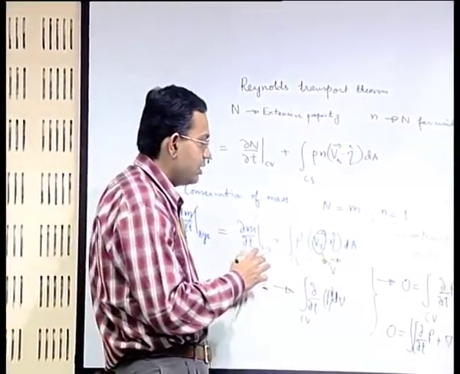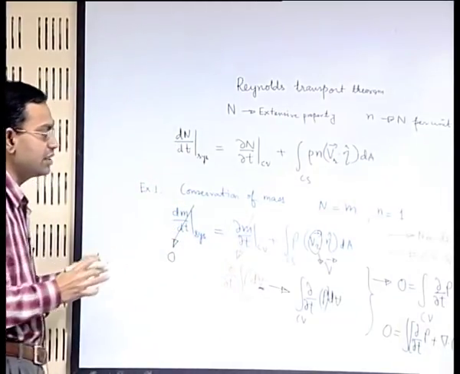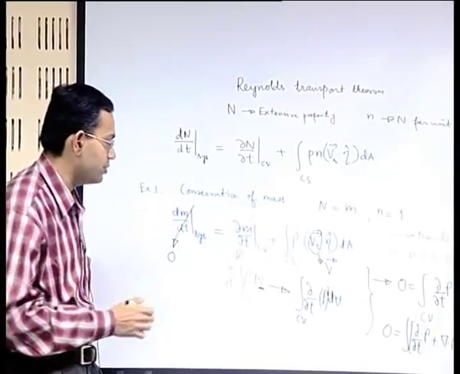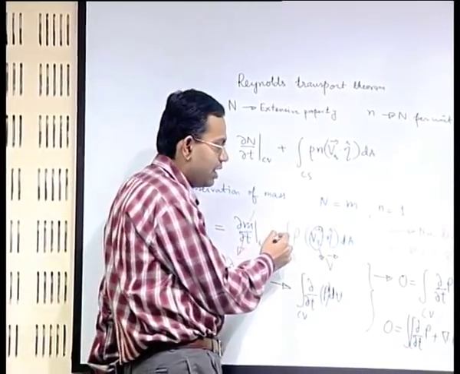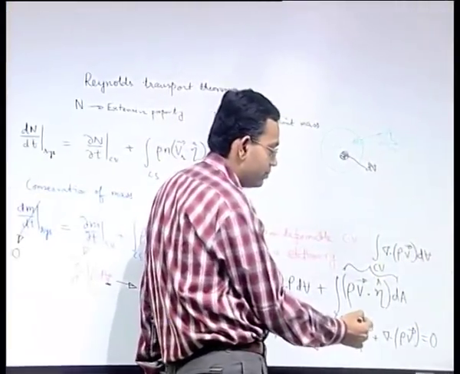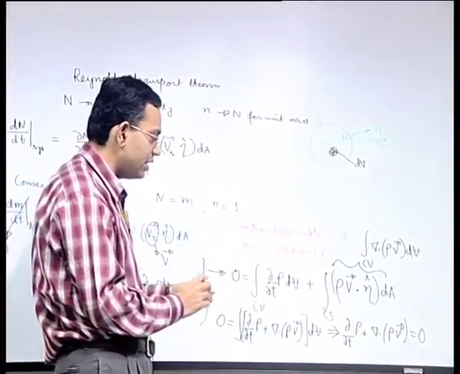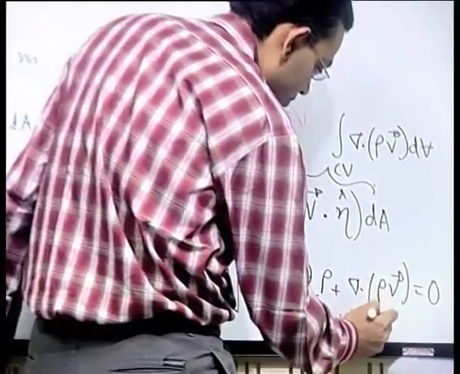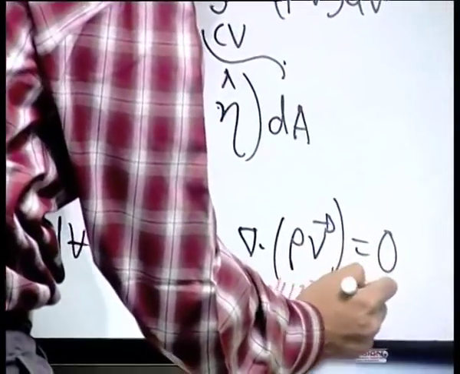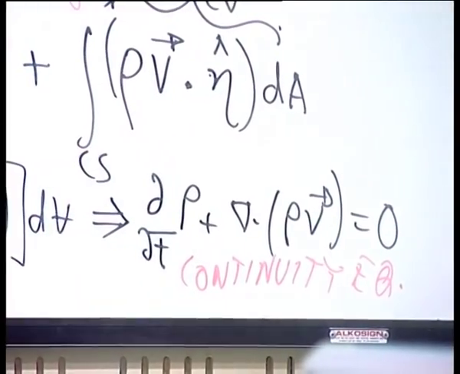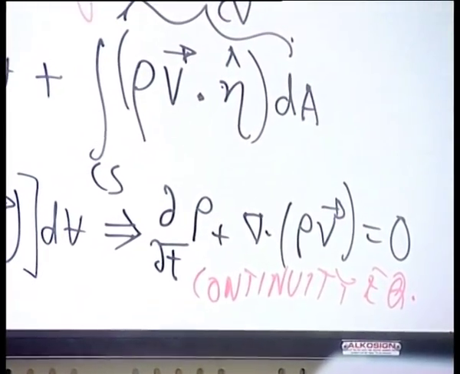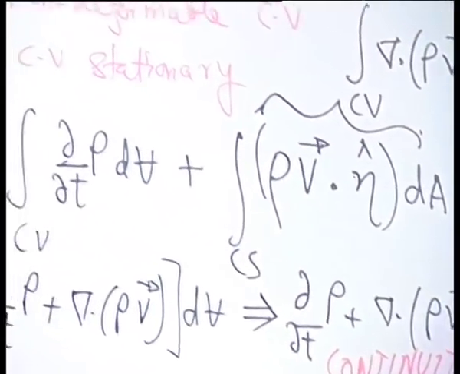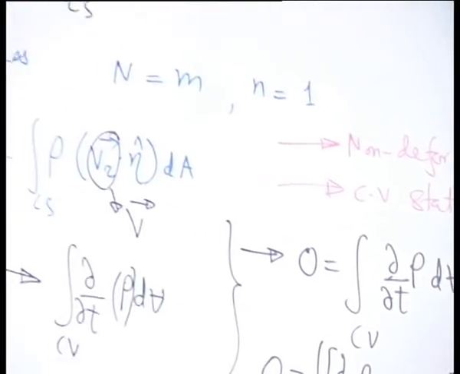But it is a very important consideration to know how to interconvert the integral forms and the differential form. So, we start with the integral form here and then convert it into a differential form. All of you can appreciate that this is nothing but the well known continuity equation. With this consideration, let us now move on to a second example.